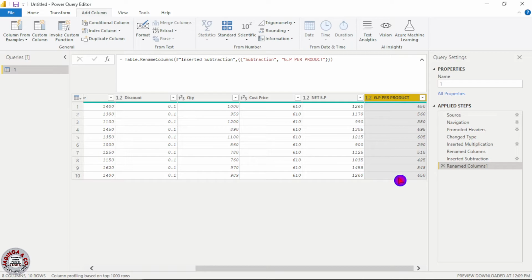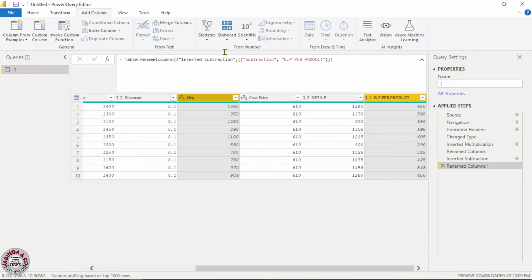And then to get the total gross profit for all the quantity, we'll come here again. We'll pick the column for GP per product, then we'll multiply by total quantity. So we'll select the two columns, the column for GP per product with the column for quantity.